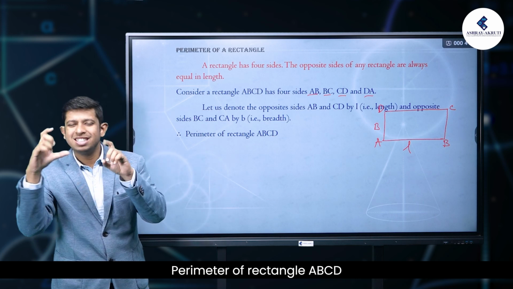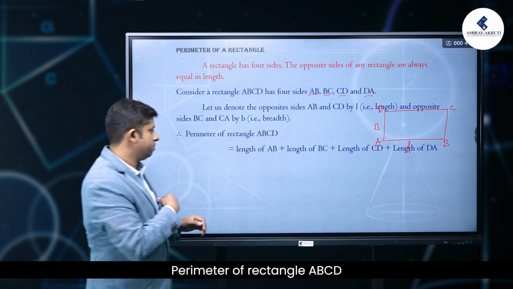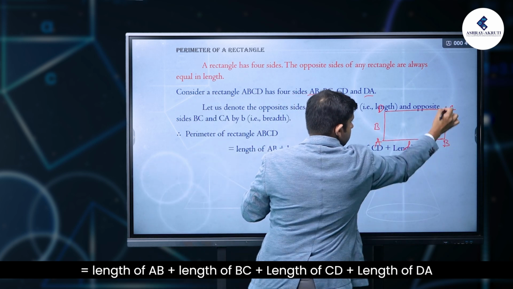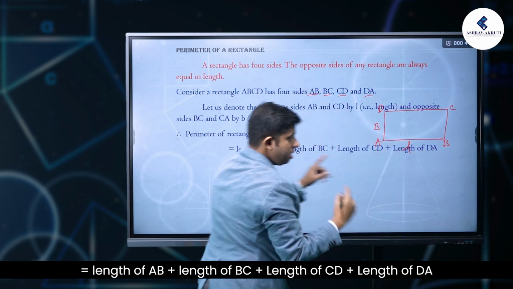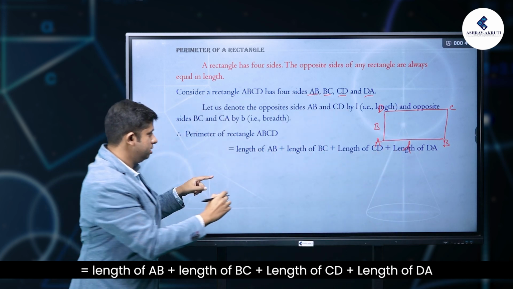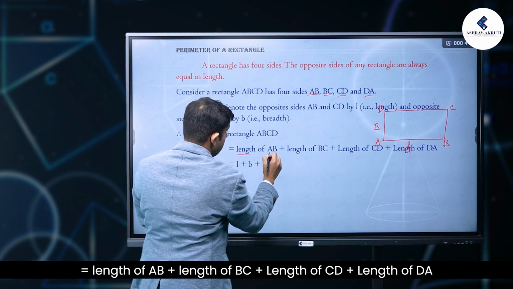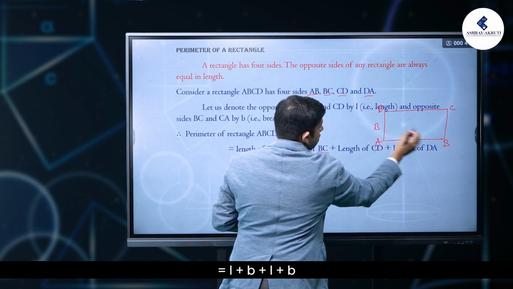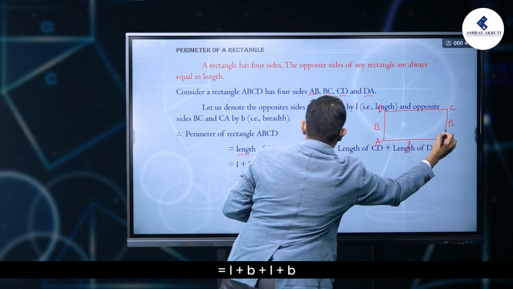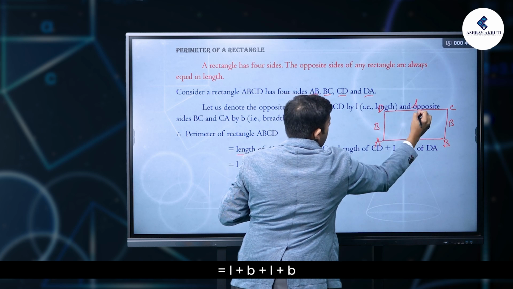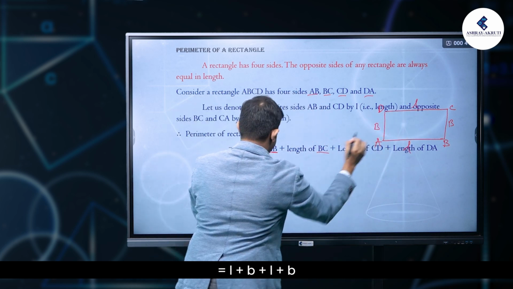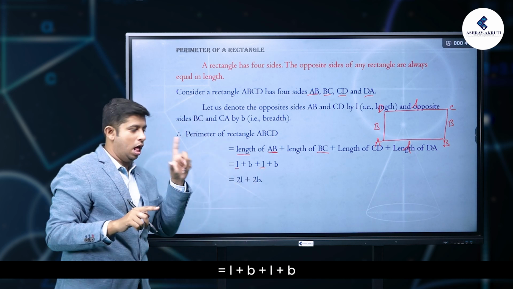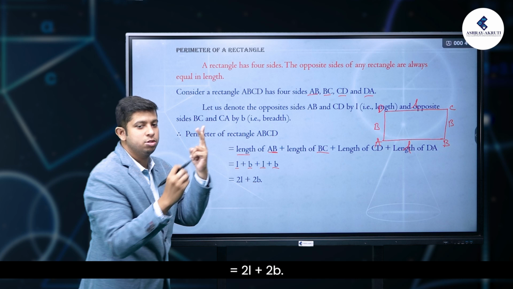Therefore, perimeter of rectangle ABCD is equal to length of AB plus length of BC plus length of CD plus length of DA, which is equal to L plus B plus L plus B, which is equal to 2L plus 2B.